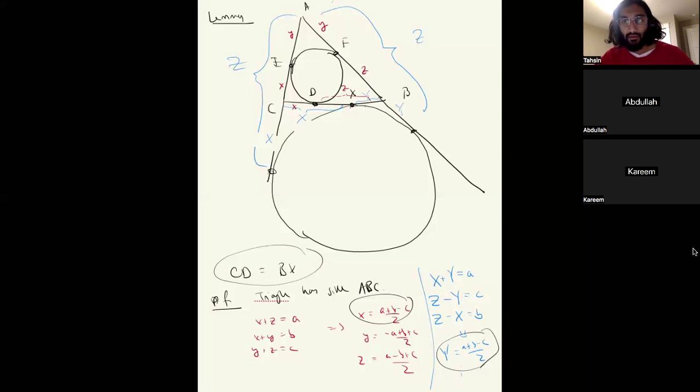Let's just name them anything, B prime, C prime. So we get that AB prime equals AC prime, which equals the semi-perimeter, which equals X plus Z plus Y.